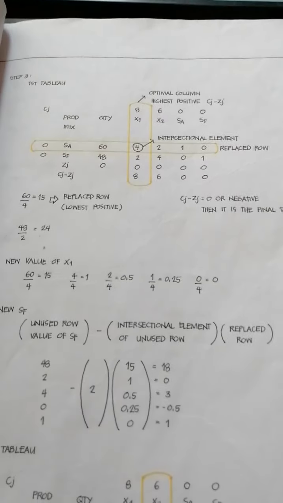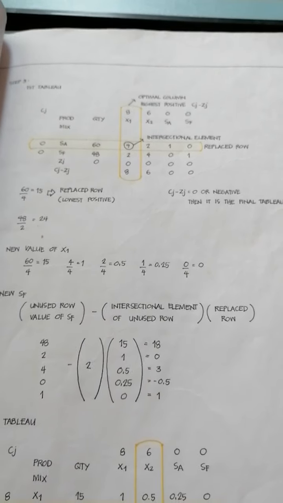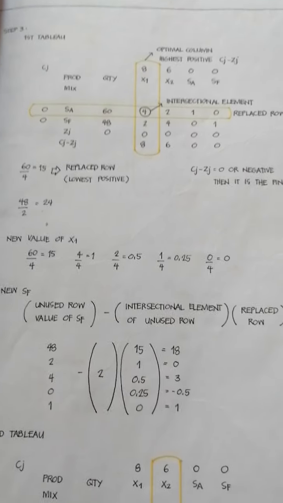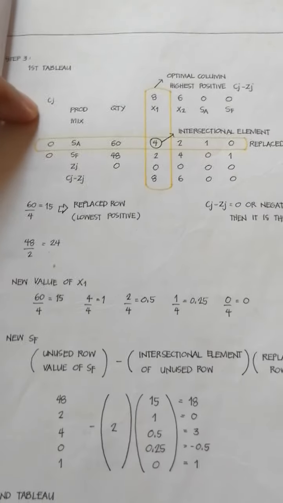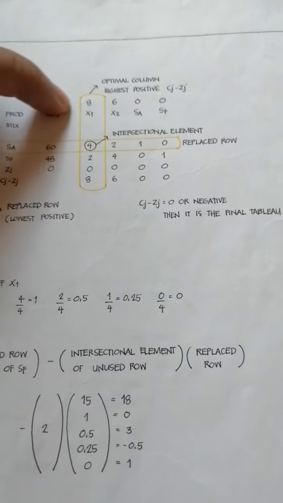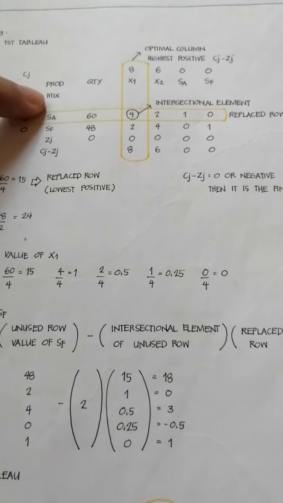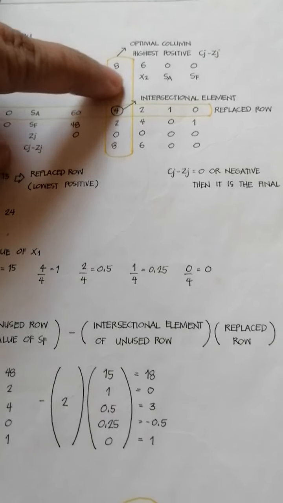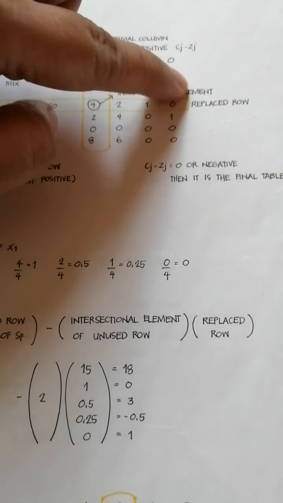Okay, so in writing down the initial tableau, this is what it will look like. So CJ is the profit per unit. That's why if you try to look horizontally, you have 8, 6, 0, and 0. Okay, and then you write down the production mix, the quantity, your variable, which is x1, x2, SA, and SF.